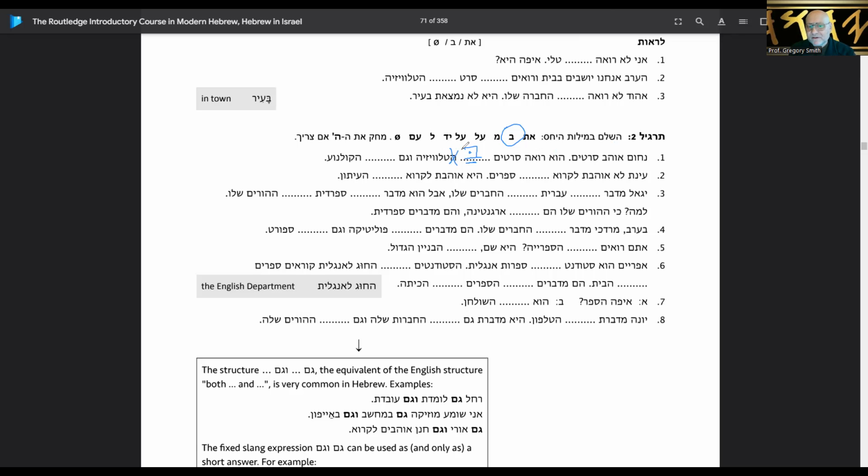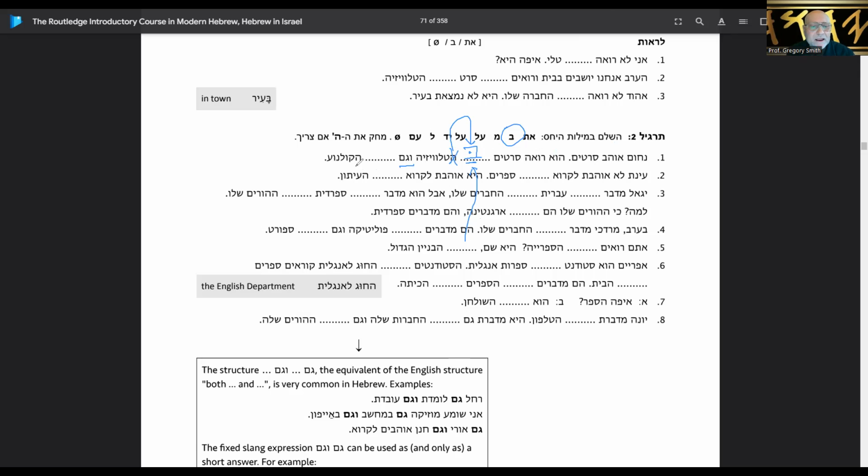Instead of ha televizia, it's going to be ba televizia, because the hey, which is the definite article, gets merged into the preposition. The way you know that is if there's a patach under there. So it's on the television. I think that's what they're looking for here.